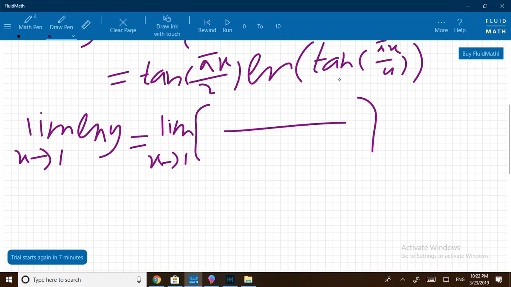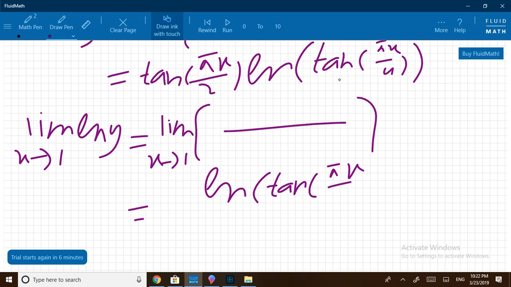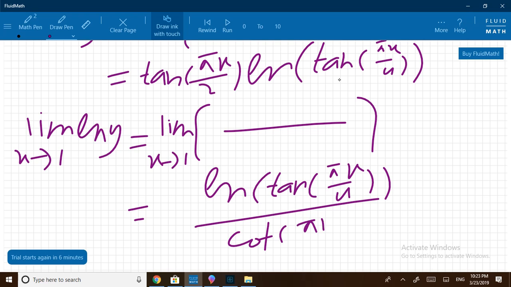Now we can write tan(πx/2) as the natural log of tan(πx/4), and cot(πx/2) will be written in the denominator.